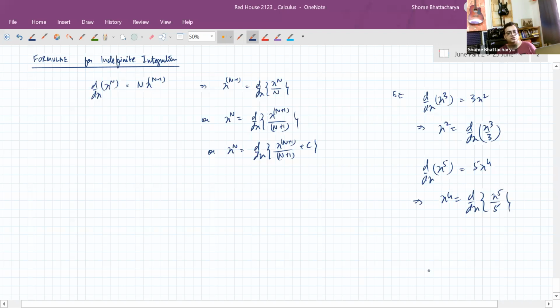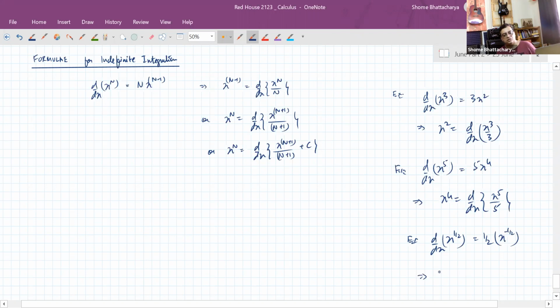We know that differentiation of x to the power half is half x to the power minus half.